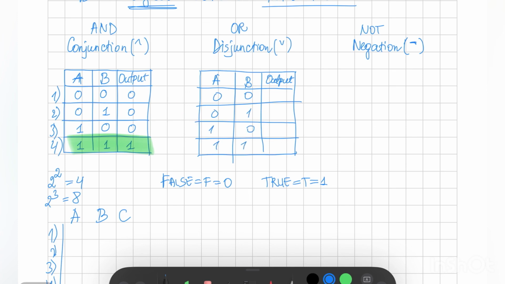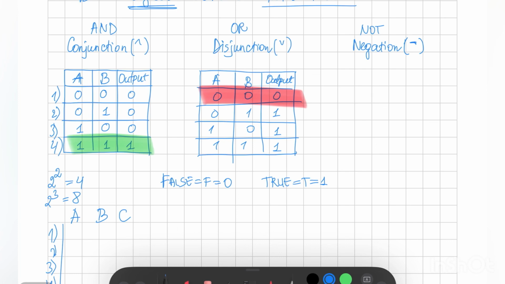In disjunction, if both inputs are false, output will be false. But in all other cases, when we have at least one true condition, output will be true. So we'll have false in disjunction only if both inputs are false.